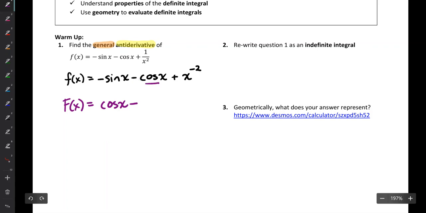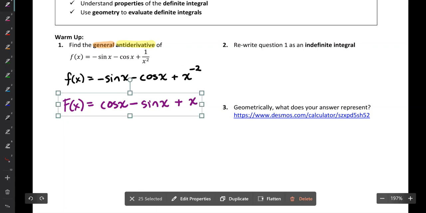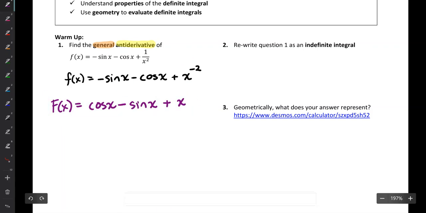Well, the derivative of sine is cosine. And then plus, here we're going to do power rule in reverse. How does that work? I am adding 1 to the exponent and dividing by that new exponent. So I'm adding 1 to negative 2, and then dividing by that new exponent.